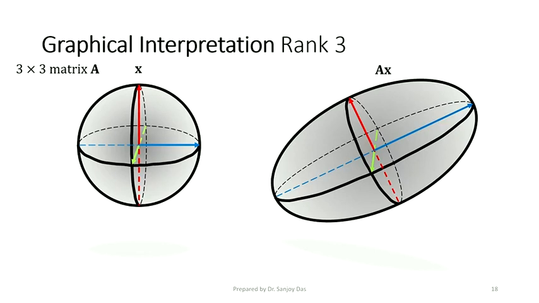Okay, that's something for future reference. You need not know this now. So a 3 by 3 matrix A, we take any unit vector X, it will lie on the surface of this sphere, and AX will lie on this 3-dimensional ellipsoid.